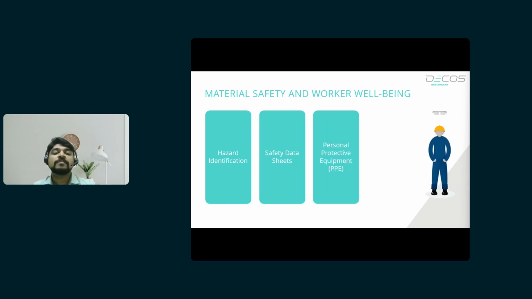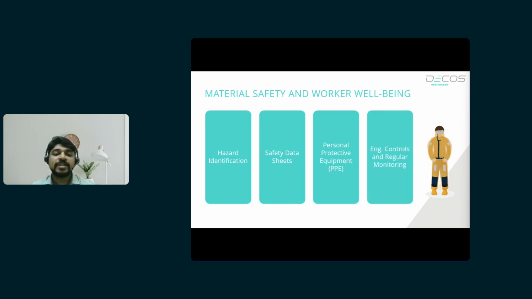The next is personal protective equipment, ensuring workers have access to and use appropriate PPE, such as gloves, respirators, goggles, or protective clothing, depending on their specific hazards.